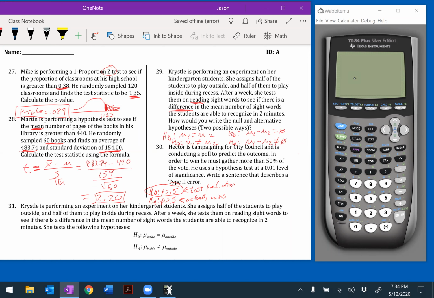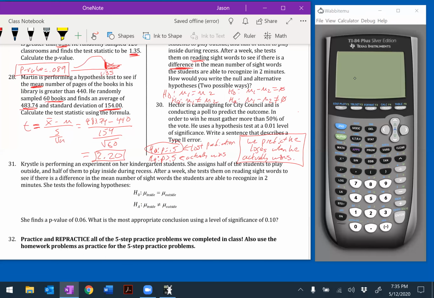So we predict he loses when he actually wins. That's the type 2 error there. So we would accept the null when it's wrong.